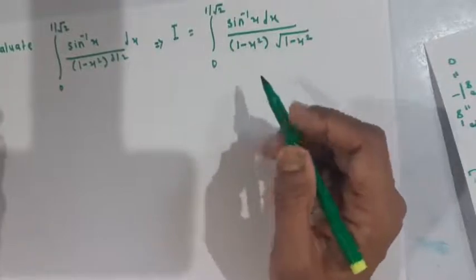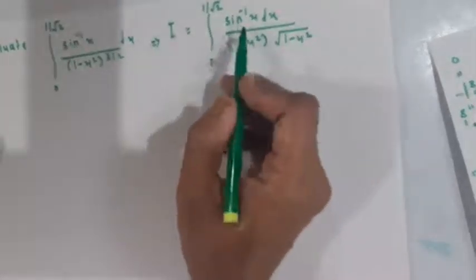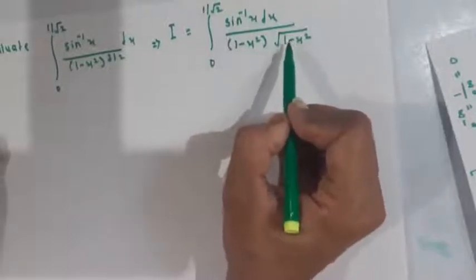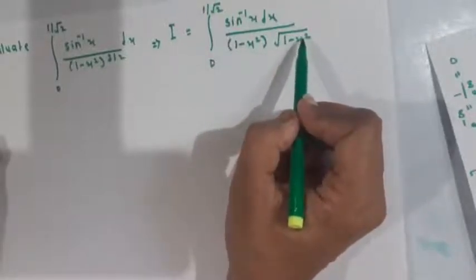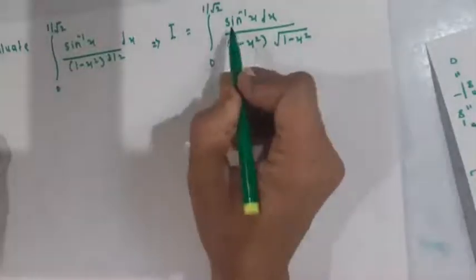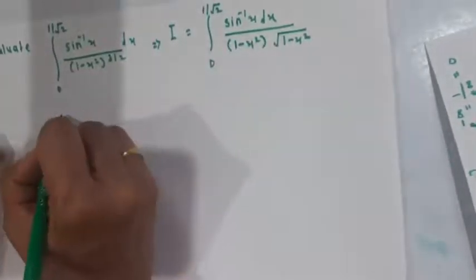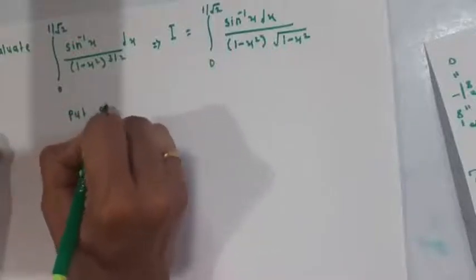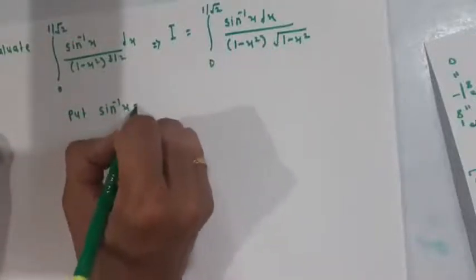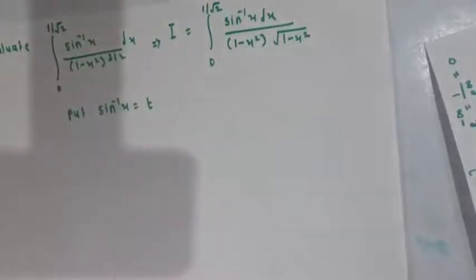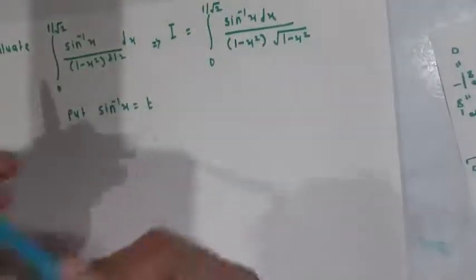Okay students, what is the substitution here? You know that the differentiation of sine inverse of x is 1 upon square root of 1 minus x square. Therefore here we put sine inverse of x equal to t, and whatever is our substitution, differentiate with respect to x.